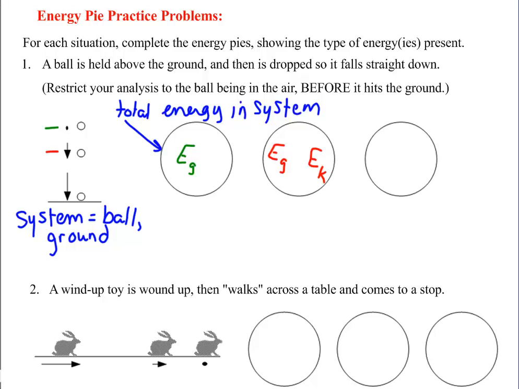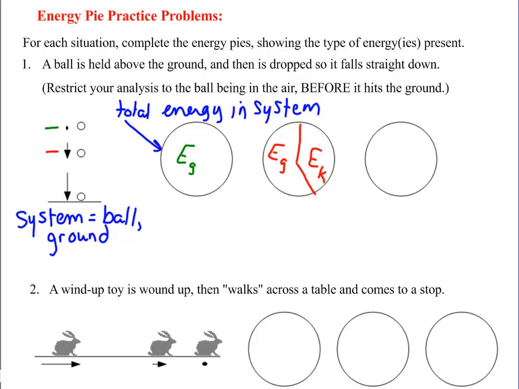So that tells me I have more gravitational potential energy in the system than I have kinetic energy. So when I draw my pie, I'm going to show that. The exact proportion isn't critical. You can eyeball it and make your best guess, but it's above half, and it's certainly less than three quarters. So somewhere in between is fine.